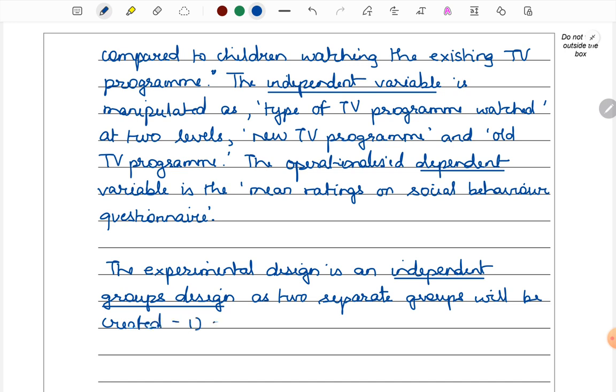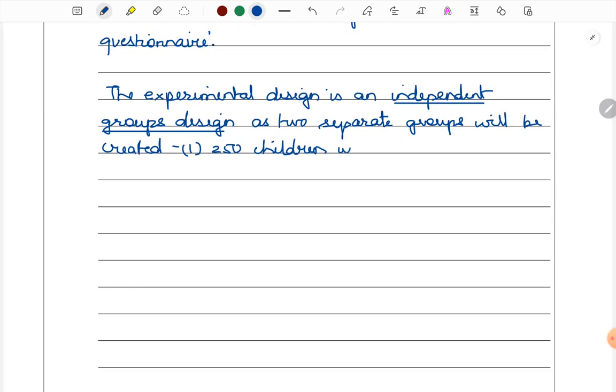One, 250 children watching the new TV program.